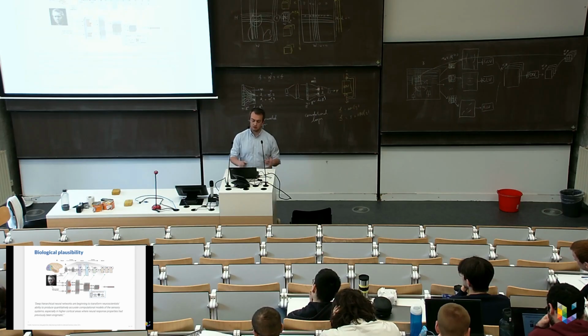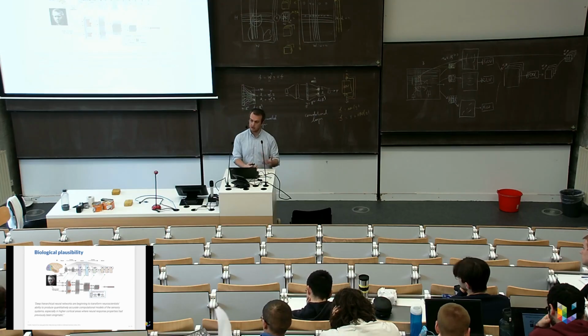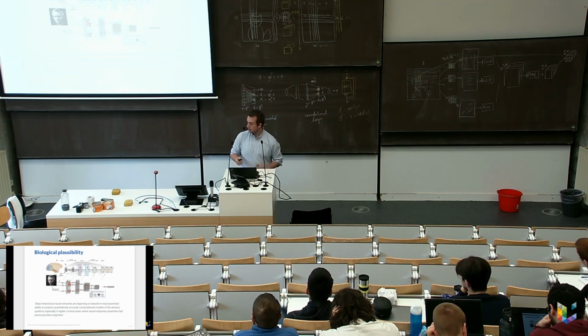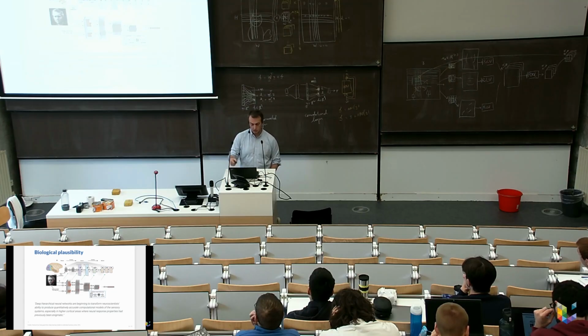So meaning that you can instantiate an artificial neural network as a plausible model of the actual human brain. And these architectures manage to reproduce what is actually observed with experiments and measurements.